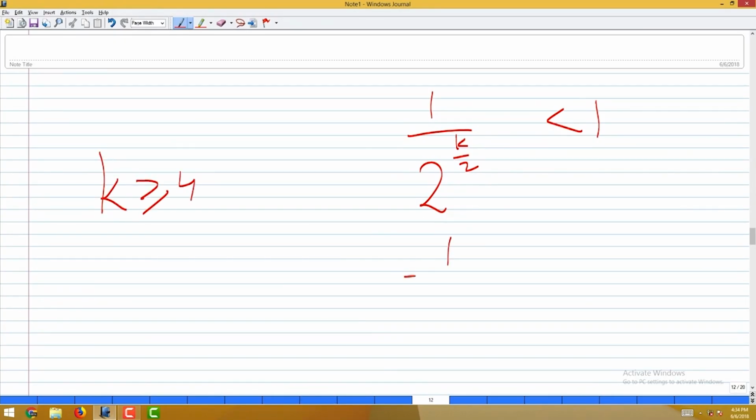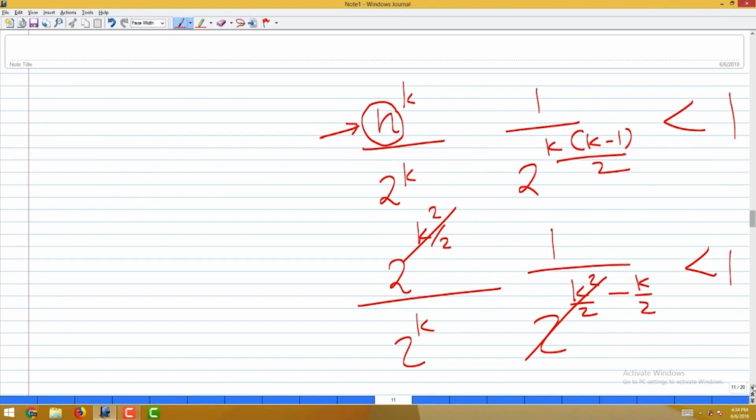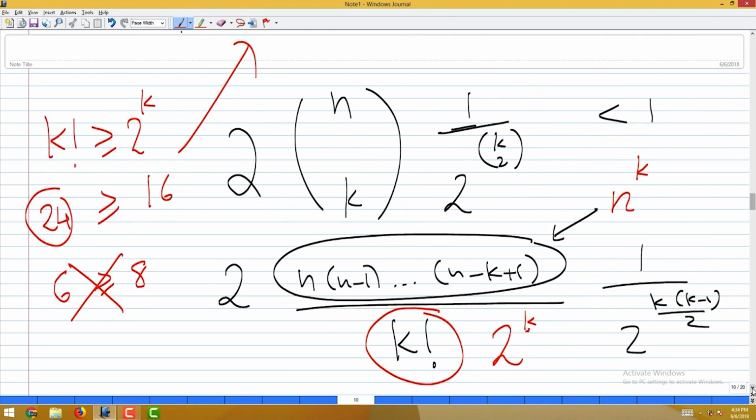This only requires that 1 by 2 raised to 4 by 2, which is 1 by 4, is less than 1. Okay, sorry, less than or equal to 1 by 4, less than 1 by 2. There is a 2 term there, and there was a 2 term earlier also.